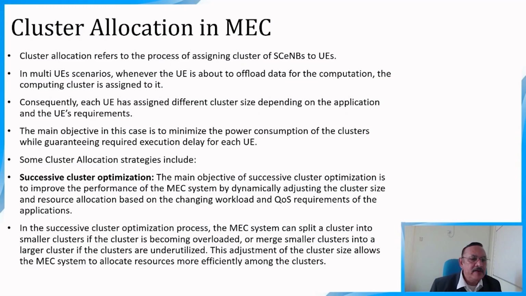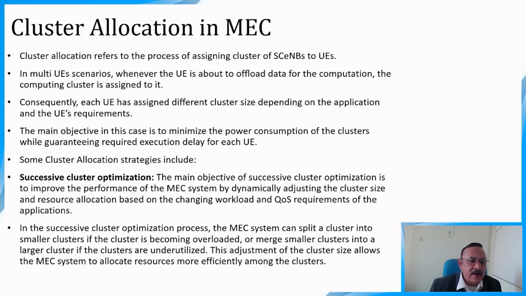So, in a multi-UE scenario, whenever a UE is about to offload data for computation, a computing cluster is assigned to it. Consequently, each UE is assigned a different cluster size depending on the application and the UE's requirements. The main objective in this case is to minimize the power consumption of the clusters while guaranteeing the required execution delay for each UE.